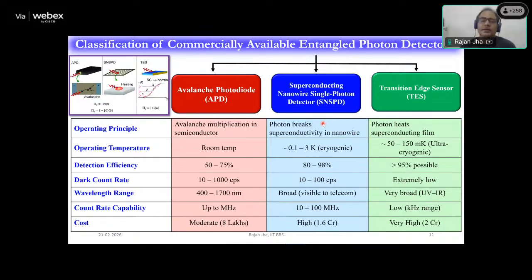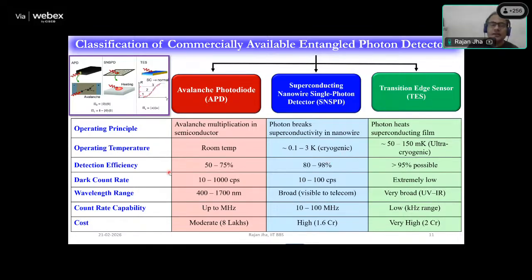The reason is that these detectors cannot work at room temperature, since you don't have a superconductor at room temperature, and therefore you have to operate them at cryogenic temperature. The same goes for transition edge sensors. Please note that these are also more sensitive than APDs, depending upon what you want to monitor, but operating them is always going to be a challenge. This is a challenge faced by people working in this area, that they have to do all the measurements at very low temperature.